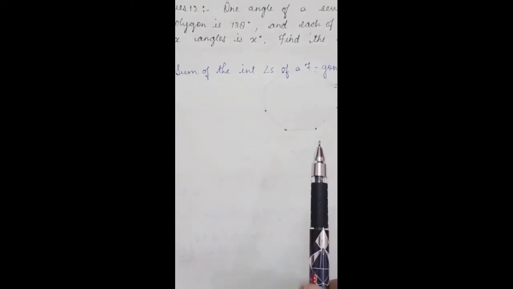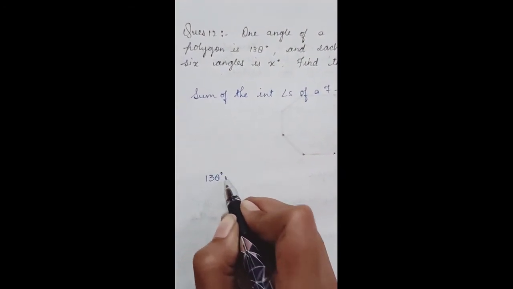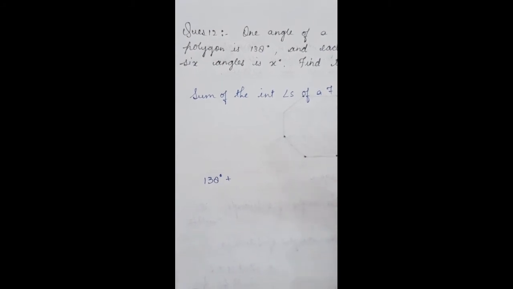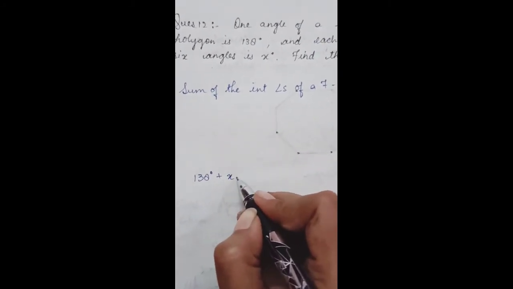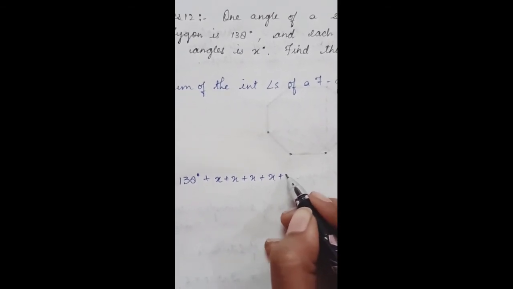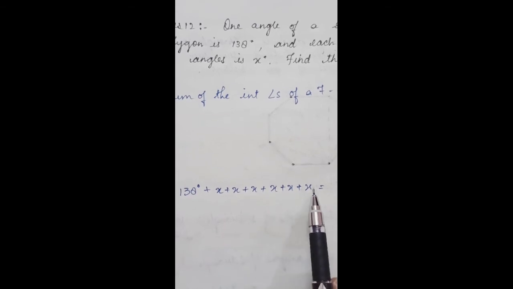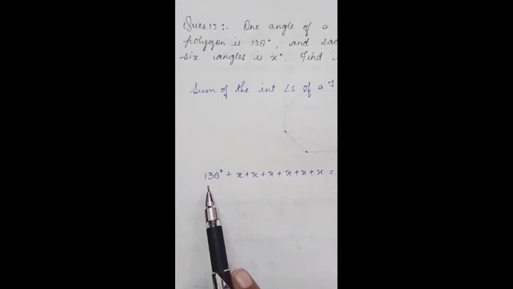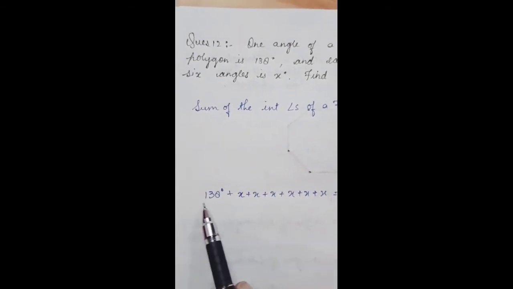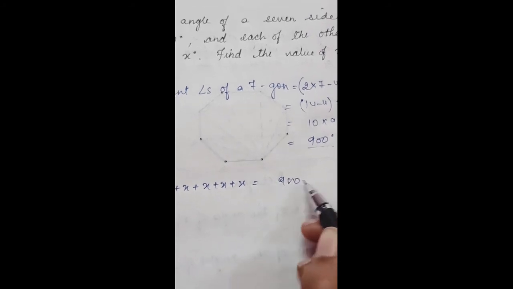Now one angle of the polygon is given. So one angle is 138 and the other 6 angles are x. See, the other 6 angles are x, and the 7th angle is 138, and the sum of these 7 angles is 900, so we write it here.